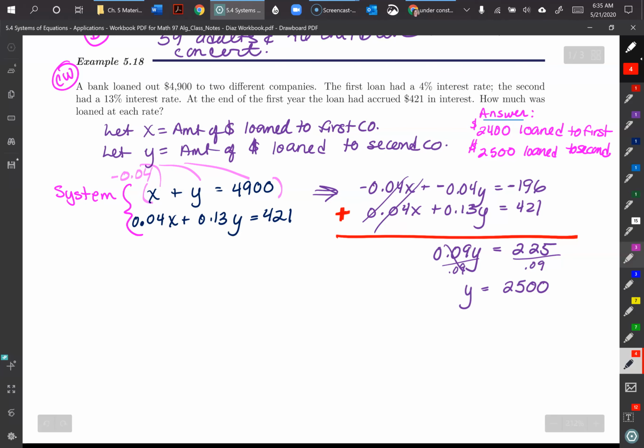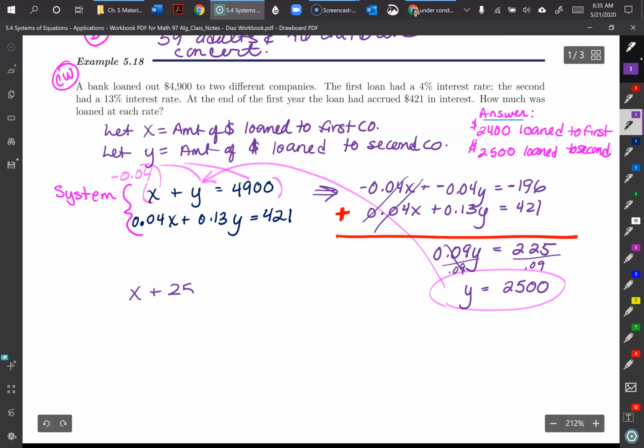So I'm just going to backsub this 2,500, go back up here for y, and then I just solve out x plus 2,500 equals 4,900. Subtract 2,500 from both sides, and I get x equals 2,400.